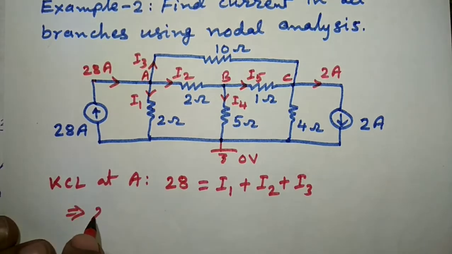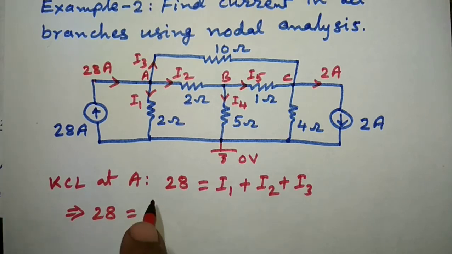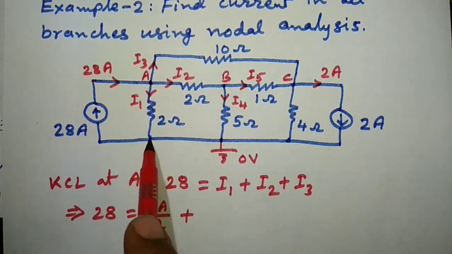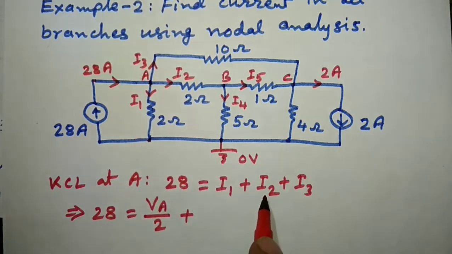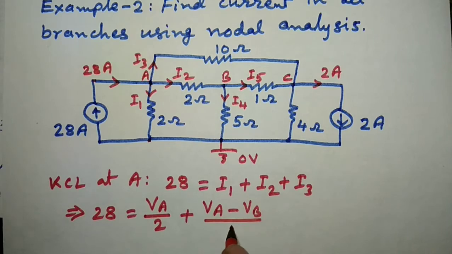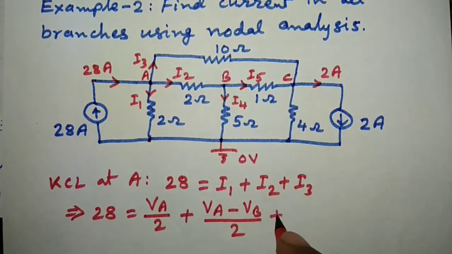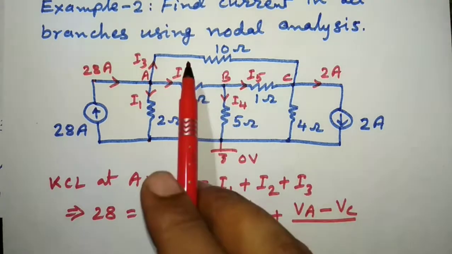So it will be VA upon 2, because I1 is from junction A to downward, so it will be VA minus 0 upon 2. I2 is from A to B, so it is VA minus VB upon 2. And similarly I3 is from A to C, so it will be VA minus VC upon 10.